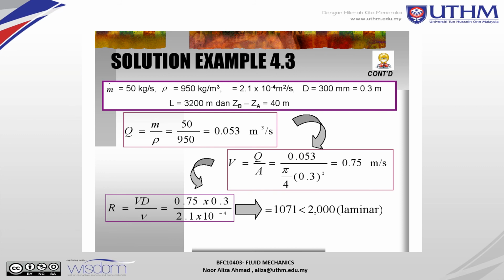M is the mass flow, with the mass density given. D is 300 mm, which you convert to 0.3 meter. L is the length of the pipe. ZB minus ZA is the height from point A to point B. And this is the velocity.